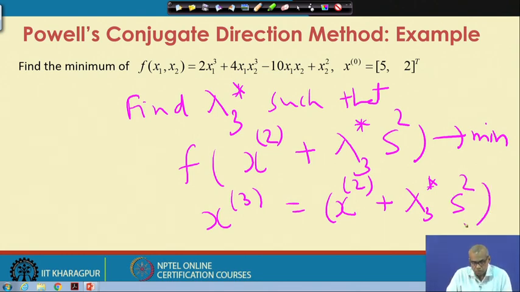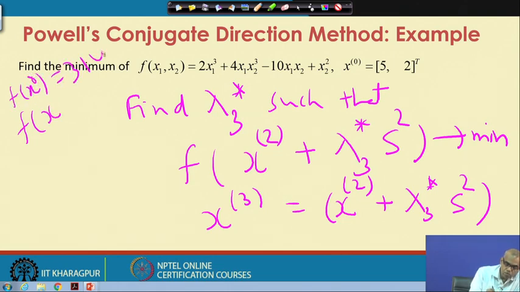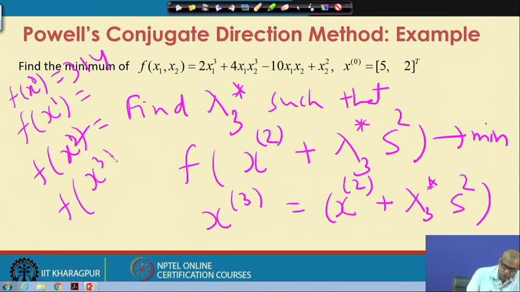So, this will give you the value of x 3. We have obtained f of x 0 as 314, then you will obtain the values of f of x 1, f of x 2, f of x 3.